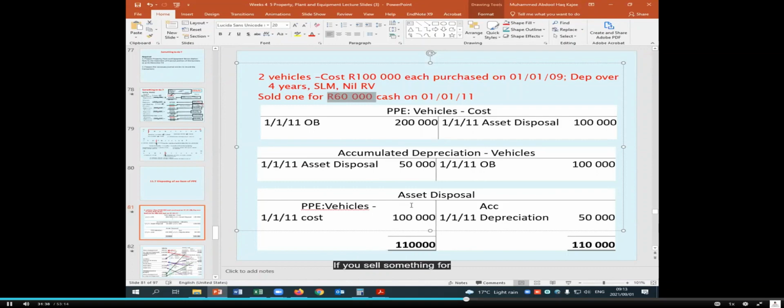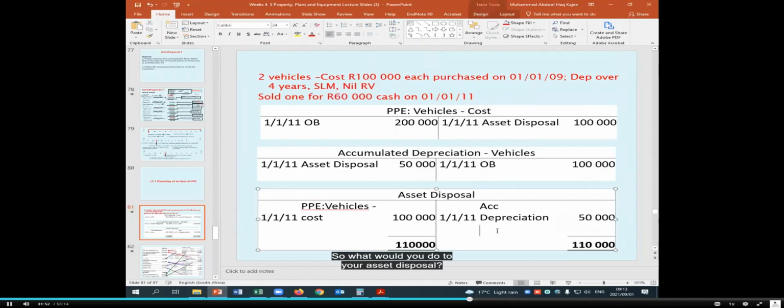If you sell something for 60,000 and they give you money into your bank account, you're obviously going to debit bank. Bank is an asset, goes up on the debit side. So what would you do to your asset disposal? You'll credit it with 60,000.